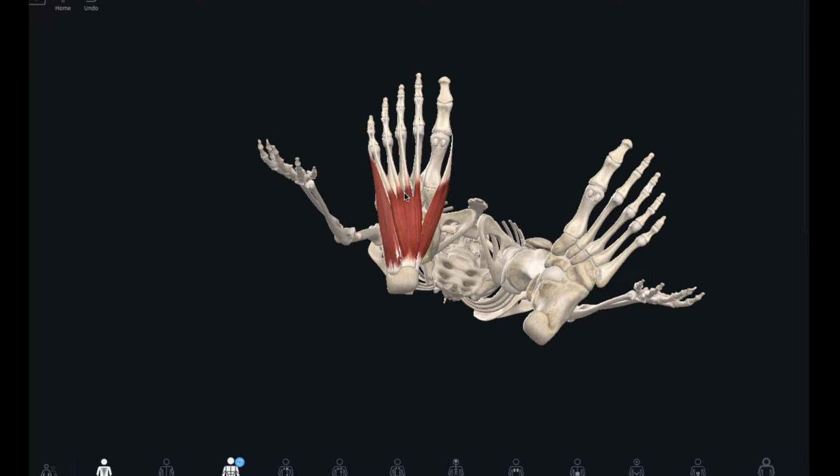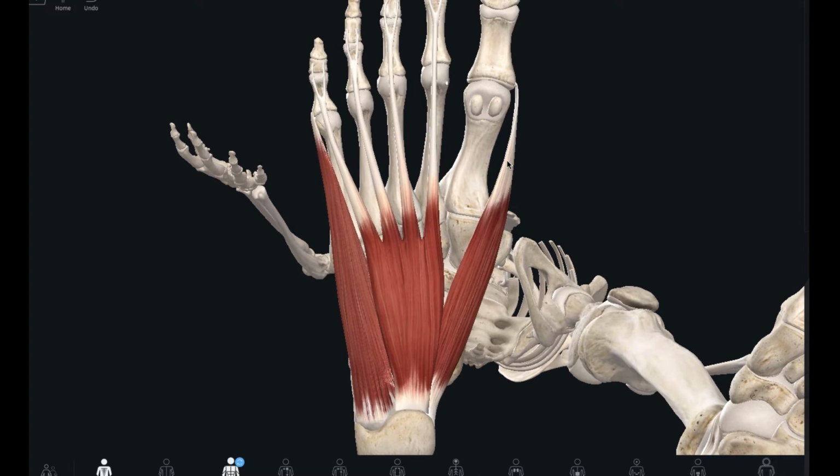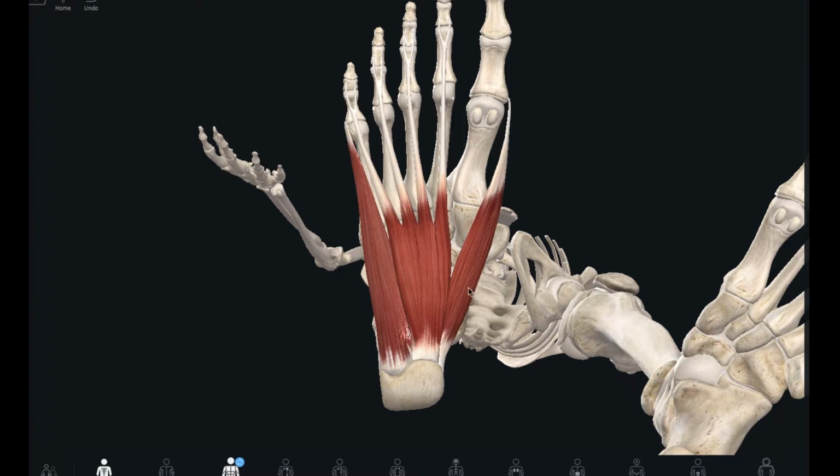Now, as you can see, I noticed that all of these muscles connect to the tuberosity of the calcaneus. Now, let's just start with the most lateral.